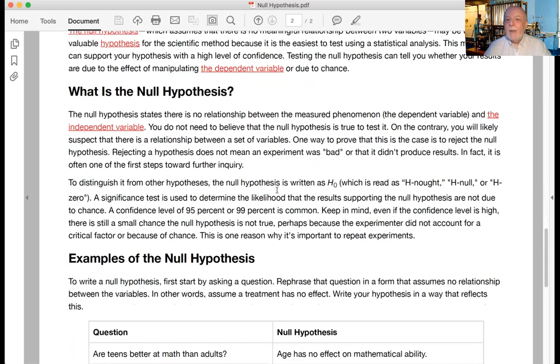You do not need to believe the null hypothesis is true to test it. On the contrary, you will likely suspect that there is a relationship between the two sets of variables. One way to prove that this is the case is to reject the null hypothesis. Rejecting the null hypothesis does not mean the experiment is bad, or in some respect you failed. That's actually what you want it to do.